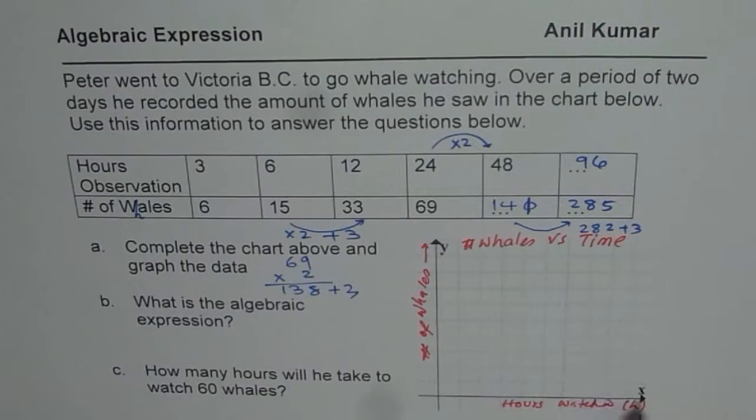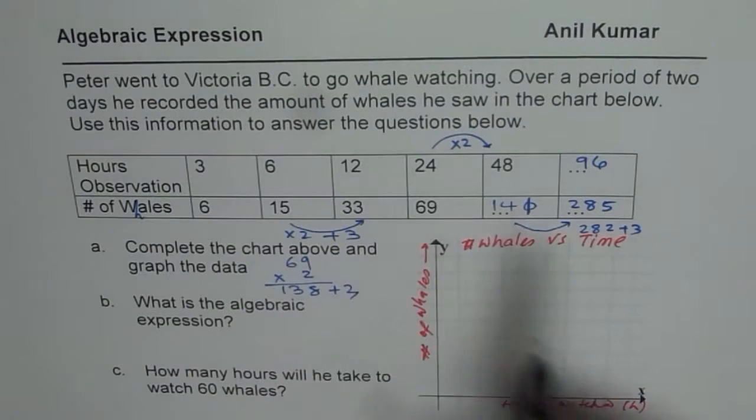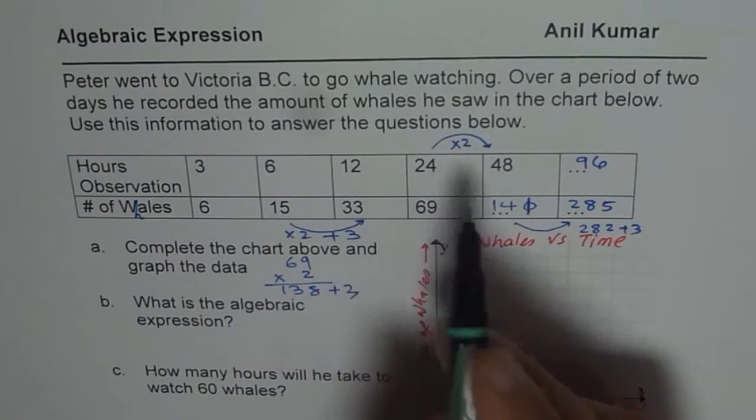I could take 10 as each unit, but as you notice, the number of hours is a multiple of 3. You could take it as 10 also, not a problem at all, but it would be good if I take it as a multiple of 12.